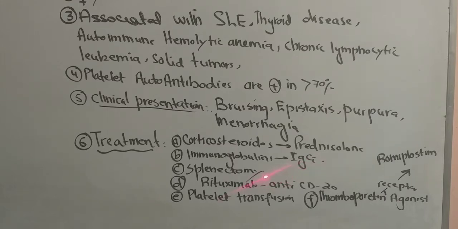We can use the anti-CD20 receptor antagonist like the rituximab, and we can transfuse platelets in these adult patients who have immune thrombocytopenic purpura. And lastly, we can also use the thrombopoietin receptor agonist, and one of the good examples is the romiflostim in these patients.